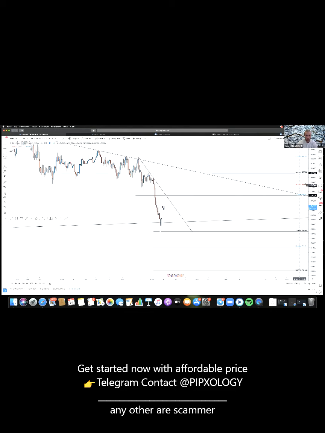The 78.60 H4 is matched with the daily 61.80.